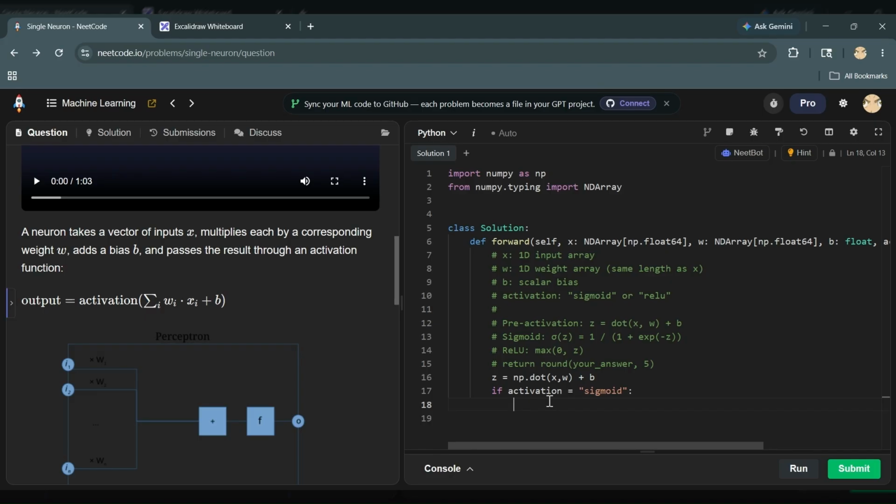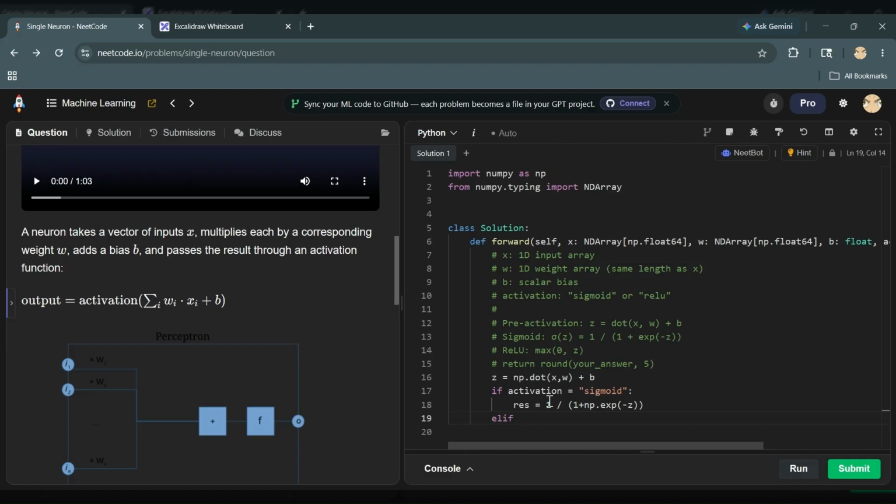If you don't know what e is, it's the natural limit that exists. So let's call this result, and that will be 1 divided by 1 plus np.exp of minus z. That will be our result.